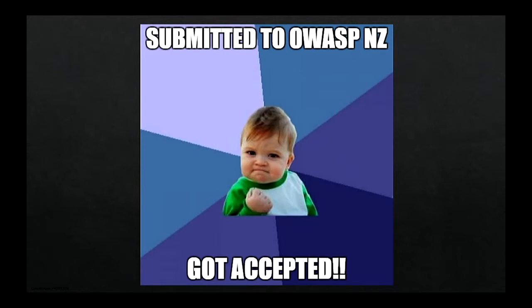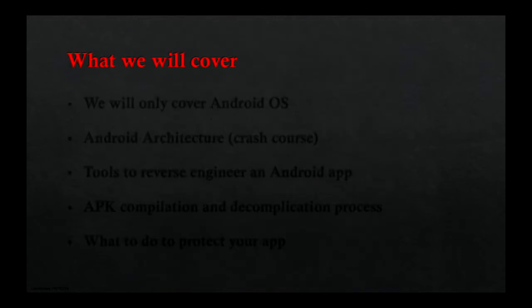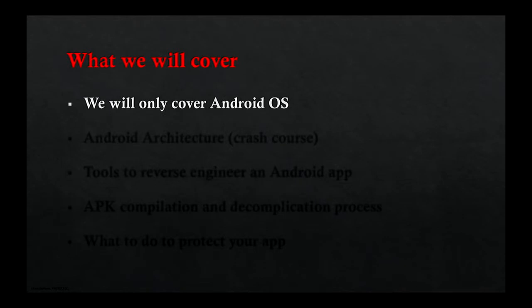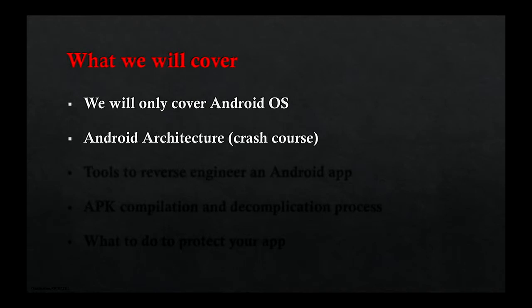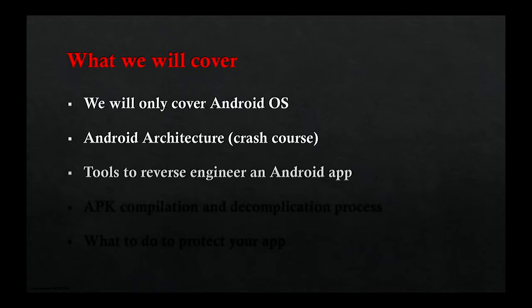But yeah, so again, this is what we will cover in this talk. Because of the limited time, I will only be covering Android operating systems, so I won't be covering iOS. So we will be covering the Android architecture. I'll give you a crash course on that because that's really important before we can get to the reversing part of Android.